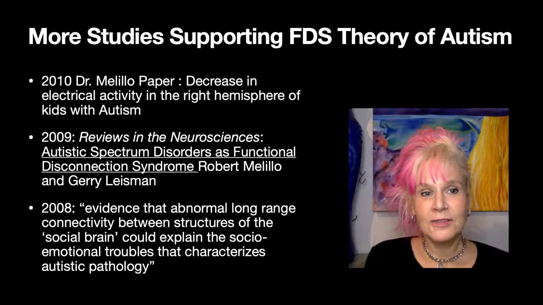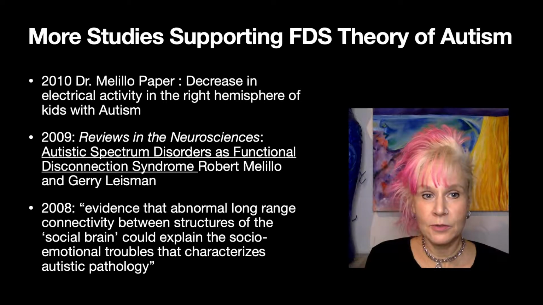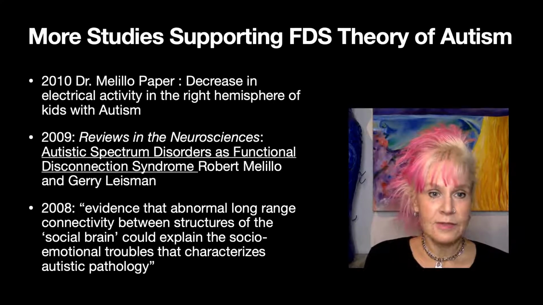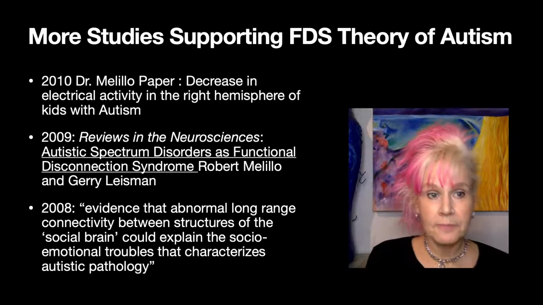And he also wrote a paper in Reviews in the Neurosciences called Autistic Spectrum Disorders as Functional Disconnection Syndrome, along with Gary Leisman. And this delves very deep into the research based on this connection aspect of the two hemispheres.